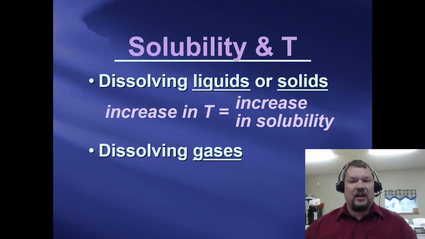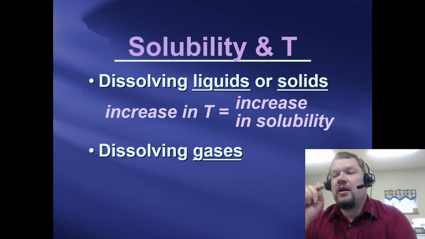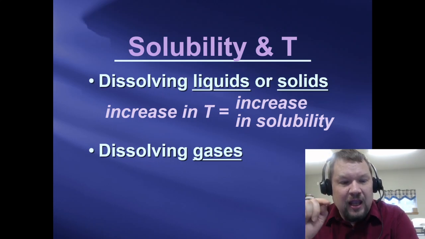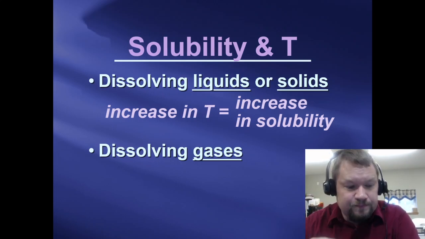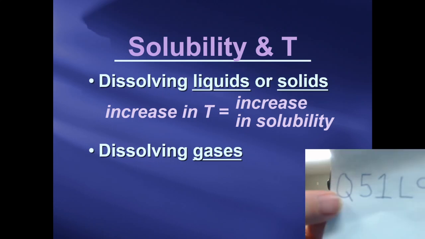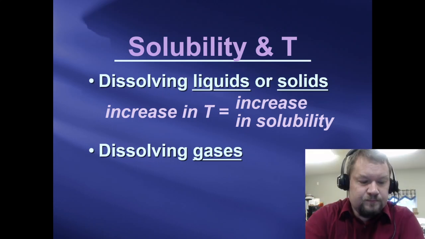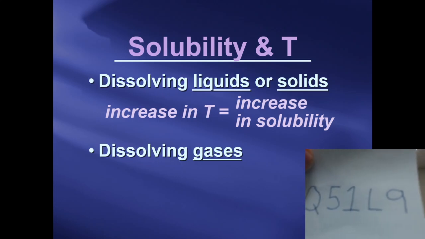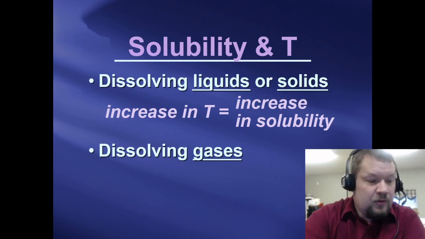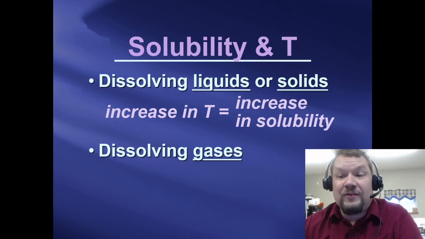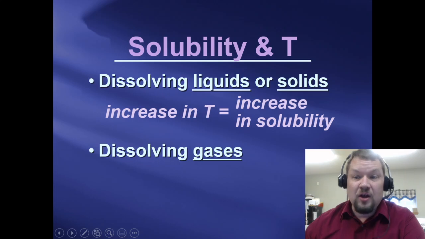What happens if you take your can of Coke, you pour your can of Coke out into a pot, and you heat your can of Coke up? If you pour your can of Coke out into a pot and you heat your can of Coke up, what happens? It goes flat.